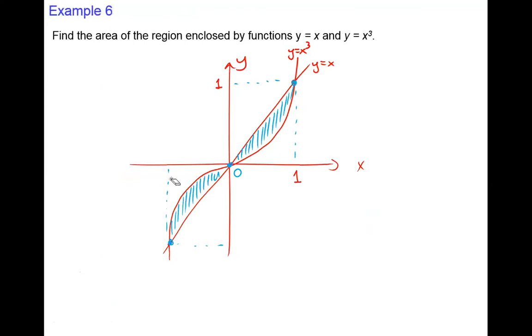And what about this one in the third quadrant? It's -1. No other values work: if x is 2, 2 cubed is not the same; if x is 3, 3 cubed is not the same.